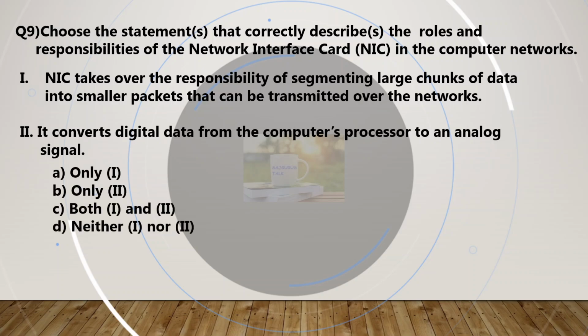So the options are given. The NIC's primary role at the data link layer is to ensure reliable frame-based transmission of data over a local network, including responsibilities for framing, MAC addressing, error detection, flow control, and managing access to the transmission medium. So the answer is both the statements are correct.